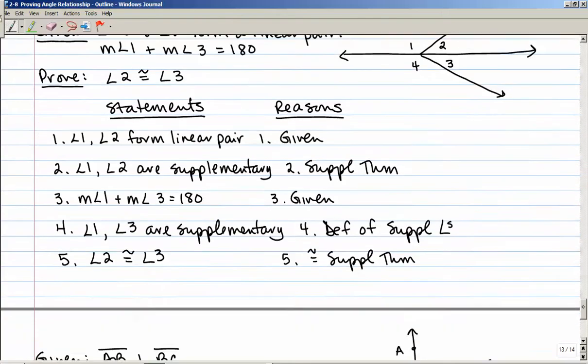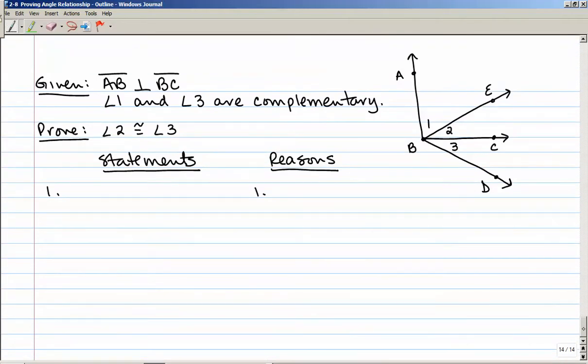And our last proof. It's given that AB is perpendicular to BC, and that angle 1 and angle 3 are complementary. We need to prove that angle 2 is congruent to angle 3. I'm going to split up our given again just for this particular proof. So let's start with AB is perpendicular to BC.